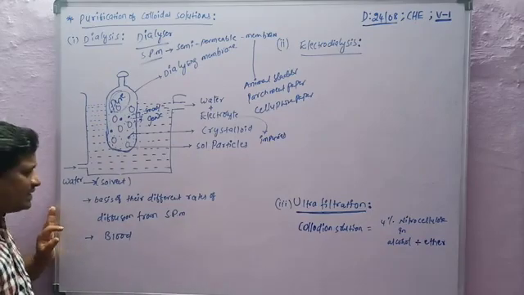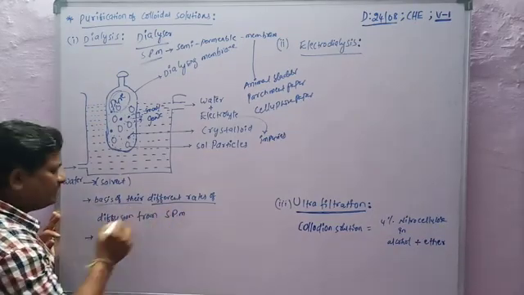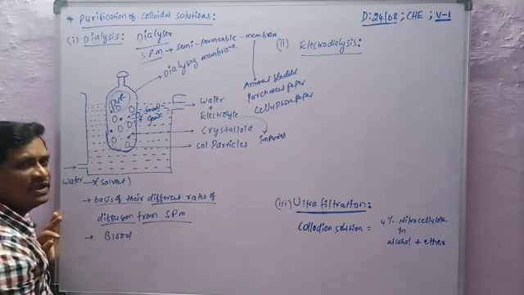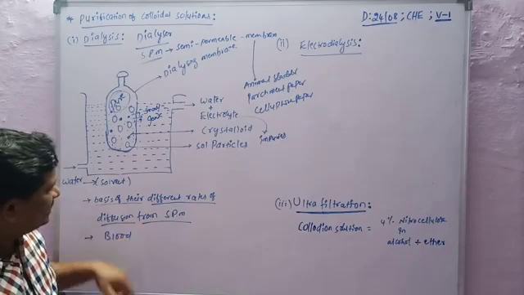This process is based on different rates of diffusion through the semi-permeable membrane. The colloidal solution contains colloidal particles plus impurities, and both have different rates of diffusion.